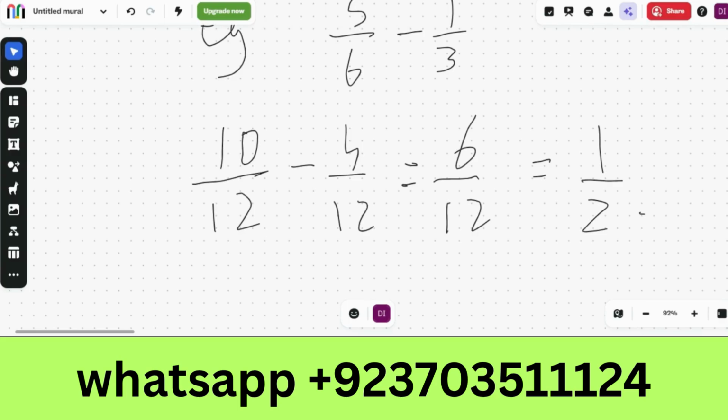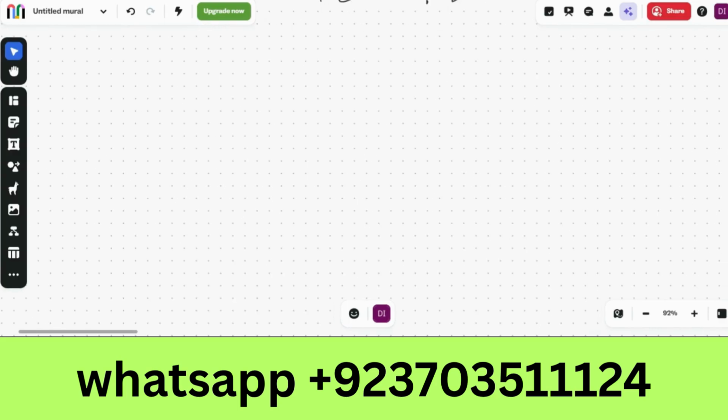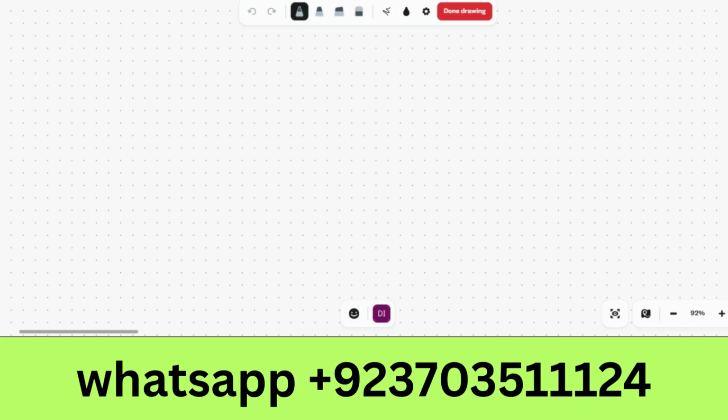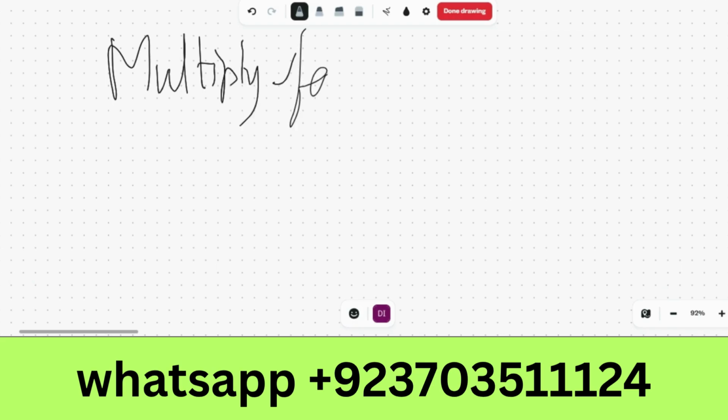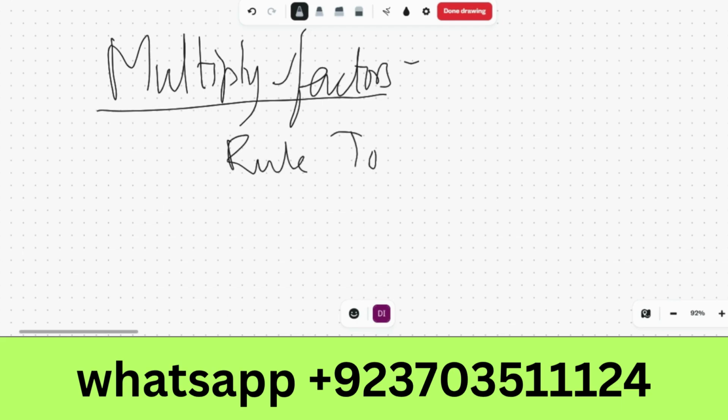Now we will talk about how we can multiply fractions. The rule is simple: top multiplied with top and bottom multiplied by bottom.